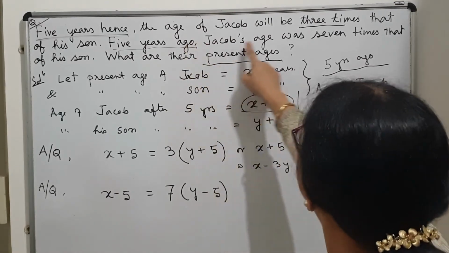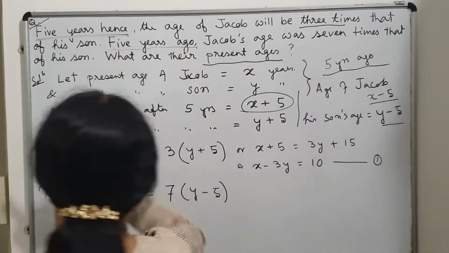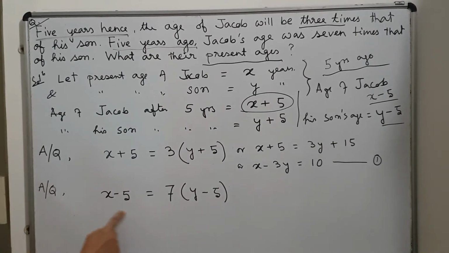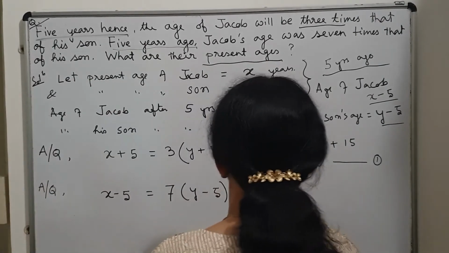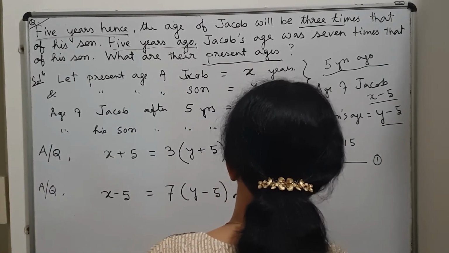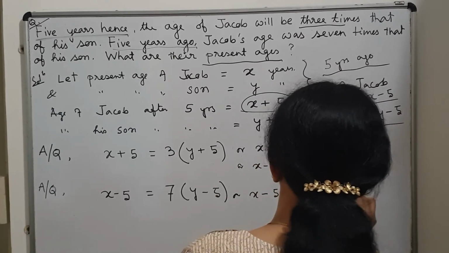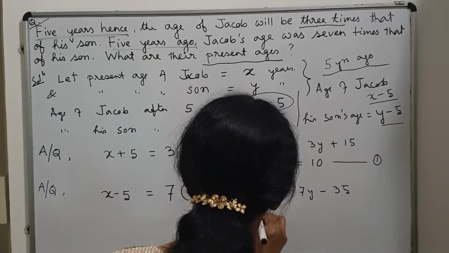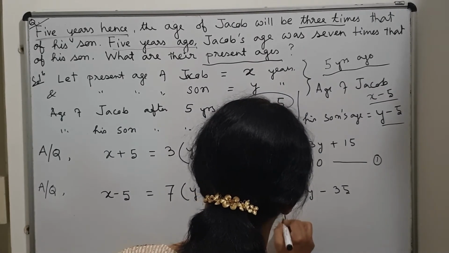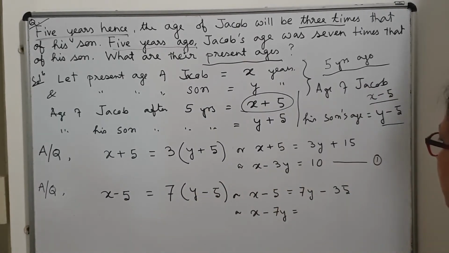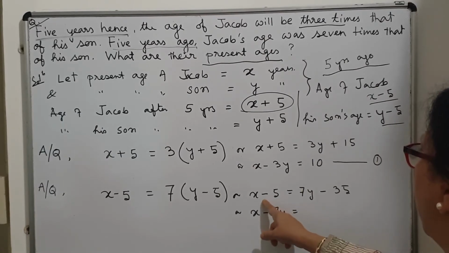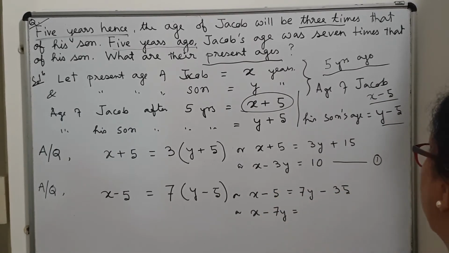So we have written the given conditions in the question in equation form. Then again simplify: x minus 5 is equal to 7y minus 35, since 5 sevens are 35. In the standard form, x minus 7y, the minus 5 comes to this side with plus, so minus 35 plus 5 is minus 30.